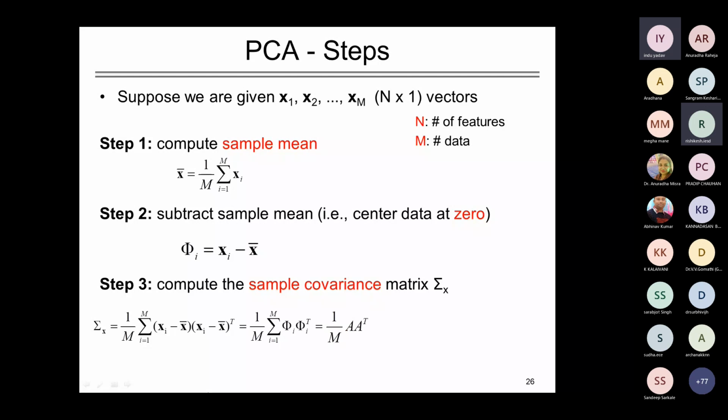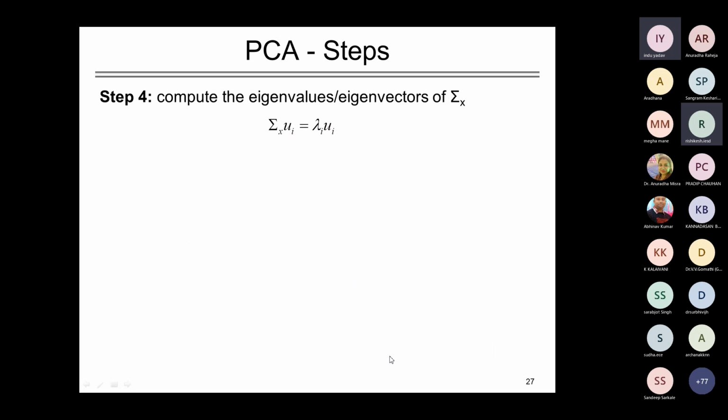It will be equal to 1 upon m A A transpose, where A is phi 1, phi 2, up to phi m, that is, the columns of A are phi i. It will be an n cross m matrix. Then compute the eigenvalues and eigenvectors of sigma x like this.